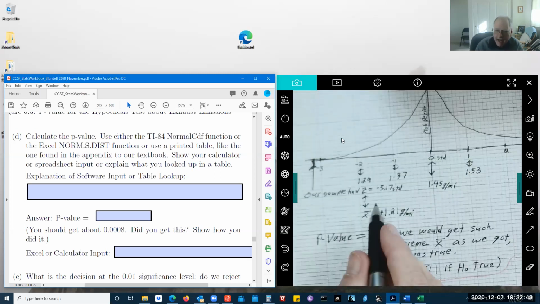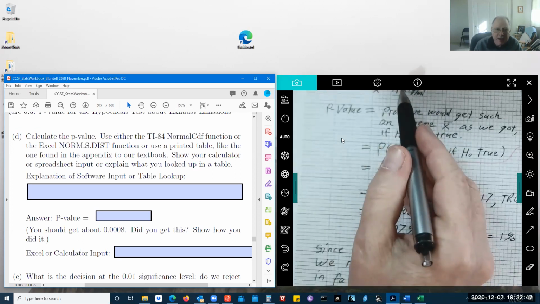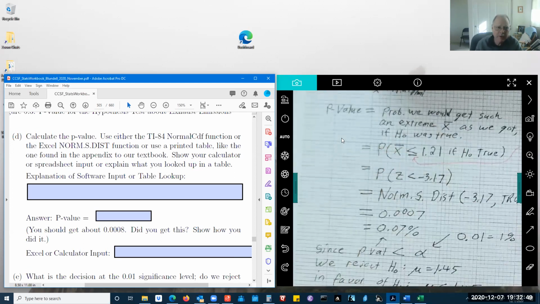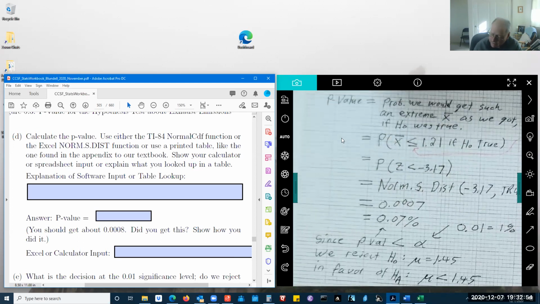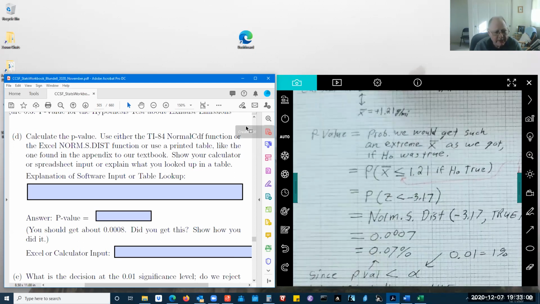Population mean is probably not 1.21, that's just our sample. But getting that sample makes us think it's low probability that the population mean would be 1.45. So there you go. And so we reject the null hypothesis.